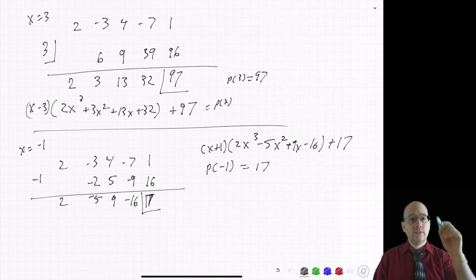And then drop down the first coefficient, multiply by the divisor number, put it in the next column, add, multiply, add, multiply, add, multiply. So you're done. Easy peasy.